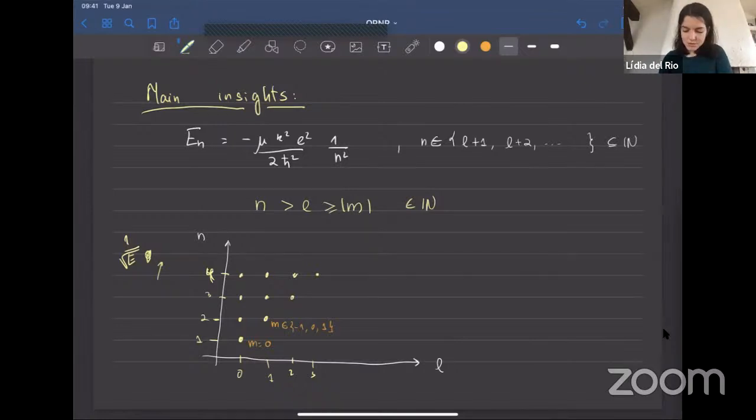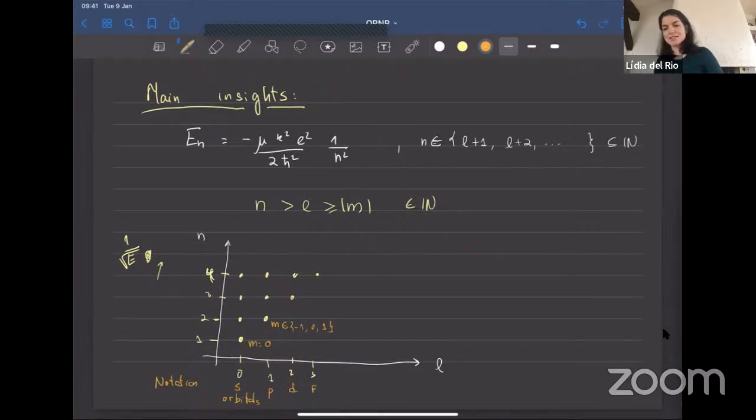And just so you know, in case you see it later, in chemistry there's some notation where it depends on the total angular momentum. So these are called the s orbitals. These are the p orbitals. These are the d orbitals, the f orbitals.